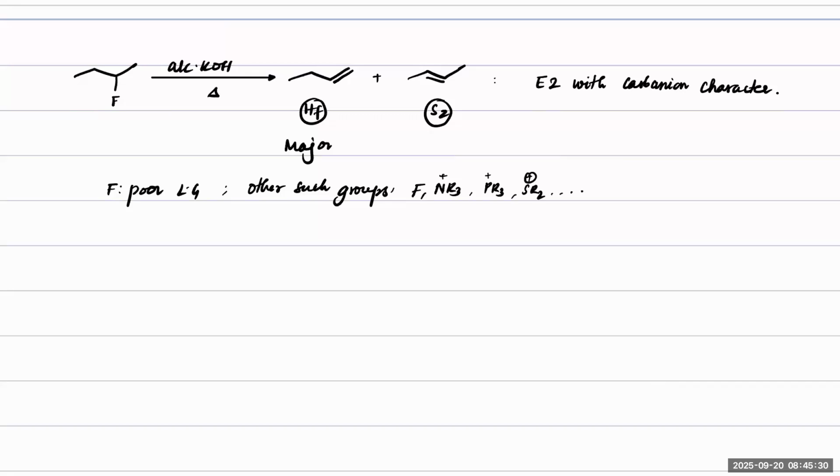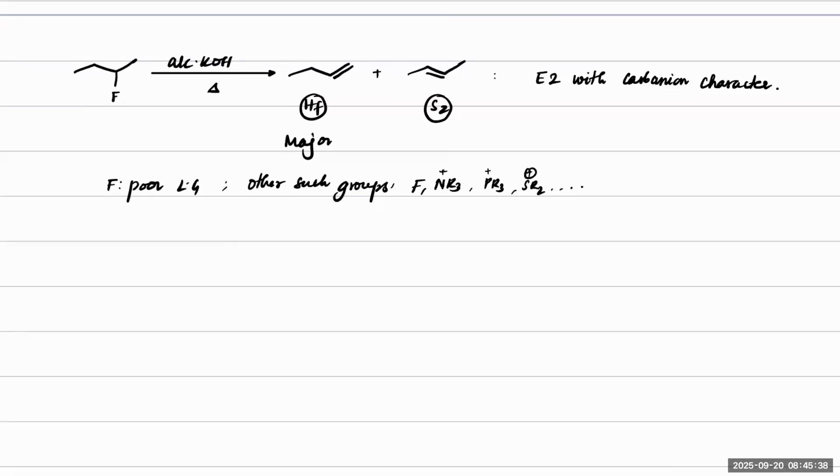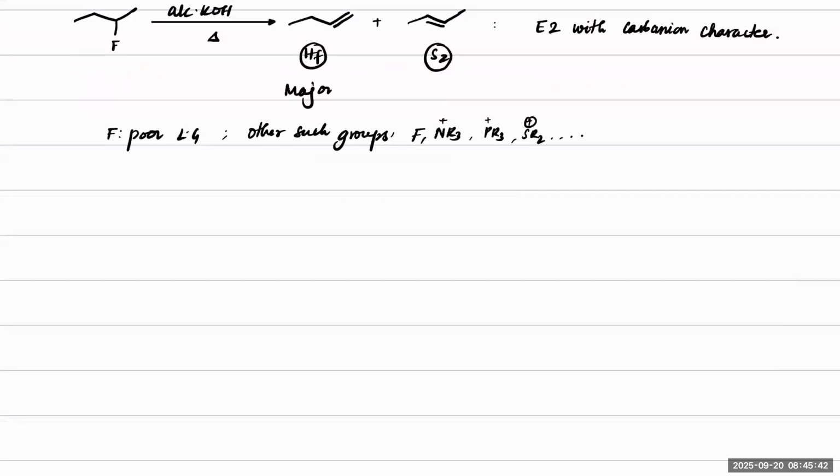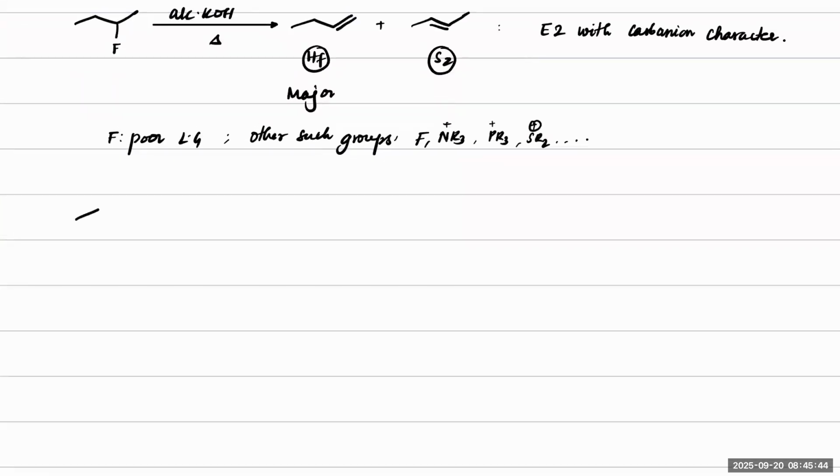Any doubt? Understood. The other case is, even if you have a good leaving group, like chlorine is a good leaving group, but then you are treating it with bulky bases like tertiary butoxide.